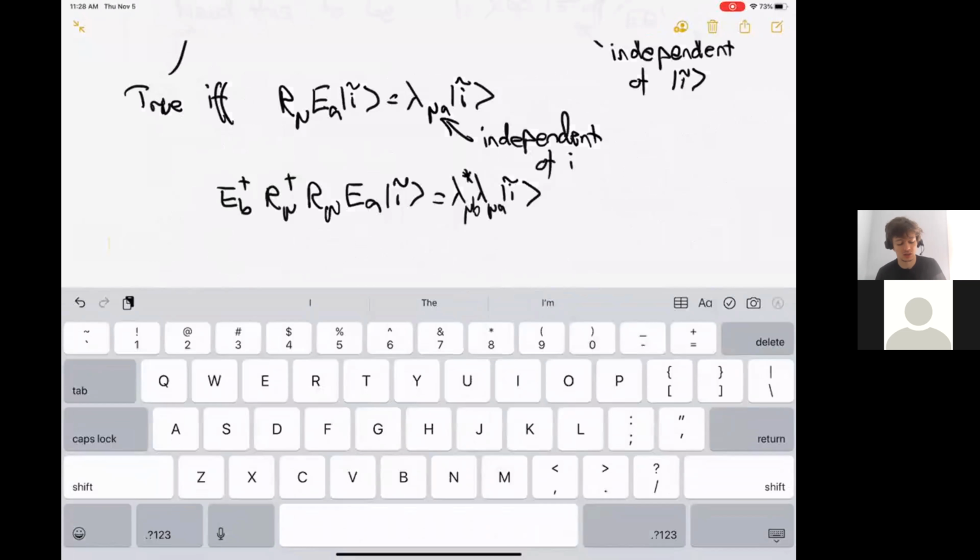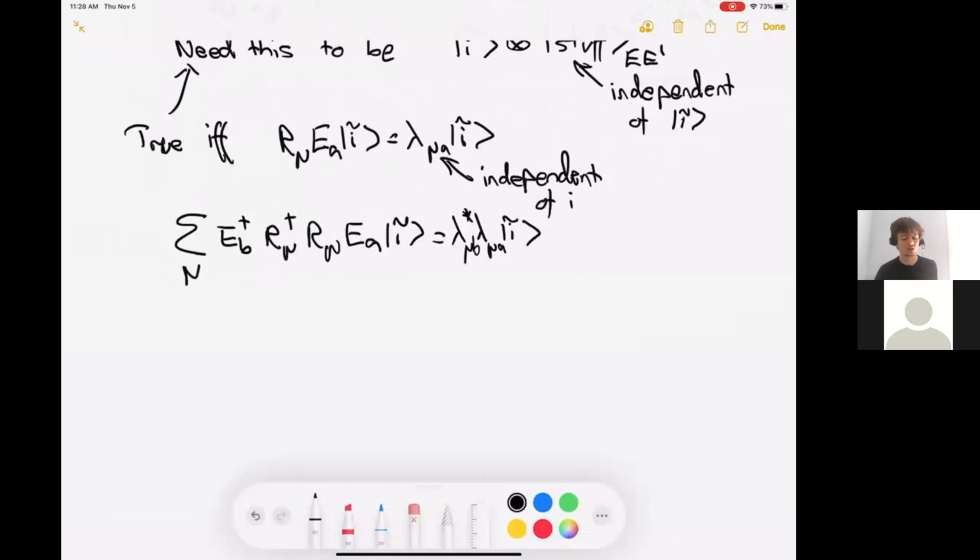Finally, we can use linearity to do a sum over mu here, and a sum over mu the other side. Okay, we still just have something proportional to I tilde. But we know we can take this sum over mu. Sum over mu, R mu dagger, R mu is just the identity. So this is equal to EB dagger, EA, I tilde.